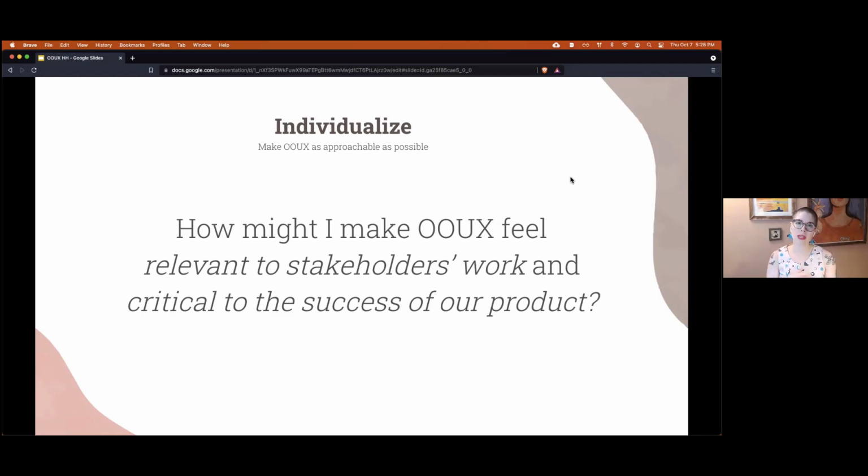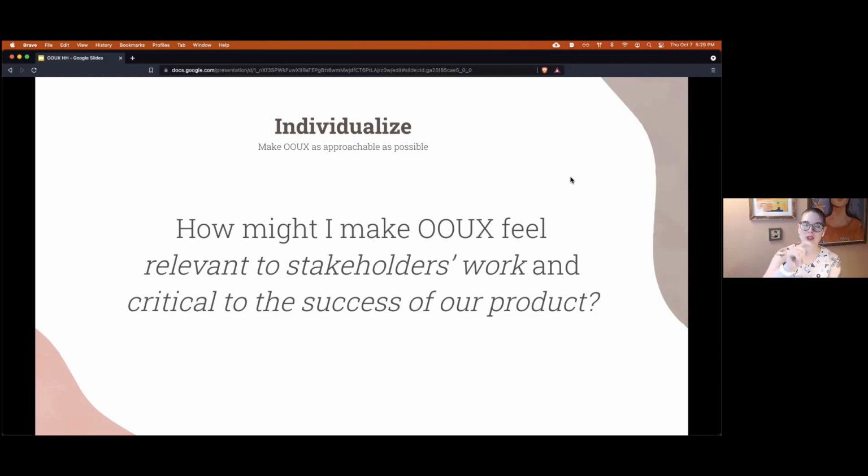In the company where I used to work, one of our key user journeys was essentially an IT administrator needing to understand why a user was blocked from a 2-factor authentication attempt. And so what I did in this presentation about OOUX and why it was important was take that key user journey, which unfortunately spanned no fewer than 7 different screens in the product. This was our key journey.